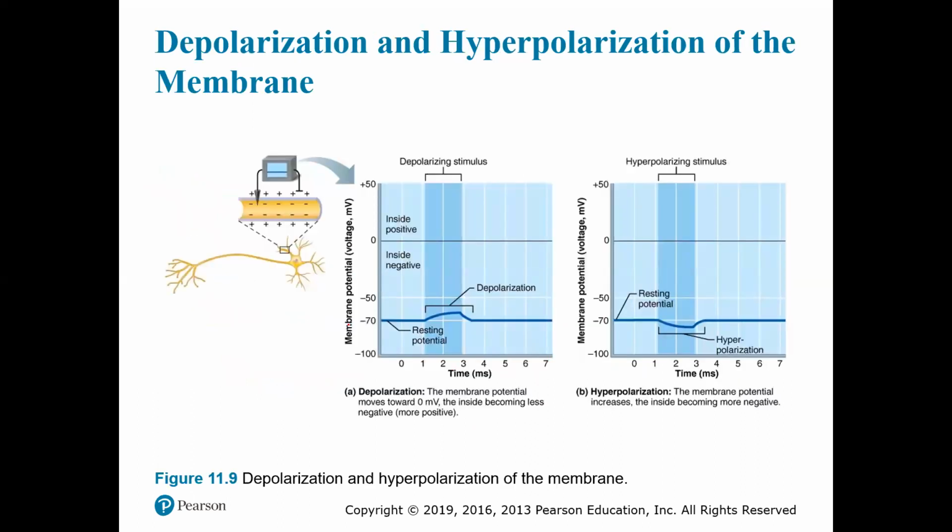More voltmeters. So here you have a subthreshold graded potential, right? You're getting a stimulus, but it's not reaching that minus 55 millivolts. So you're not getting an action potential. You're getting depolarization, but it's subthreshold. This one is the opposite.